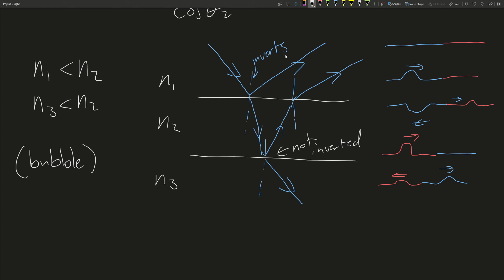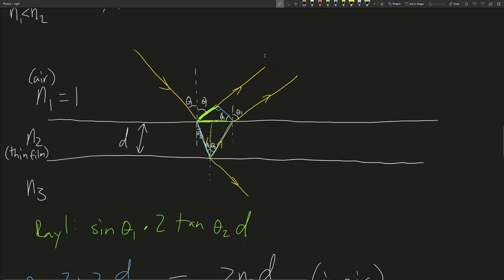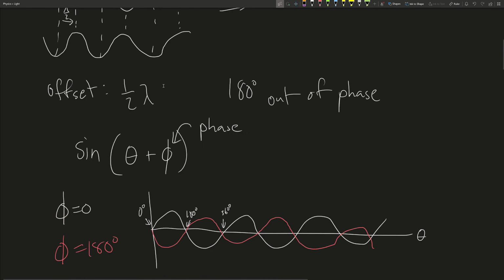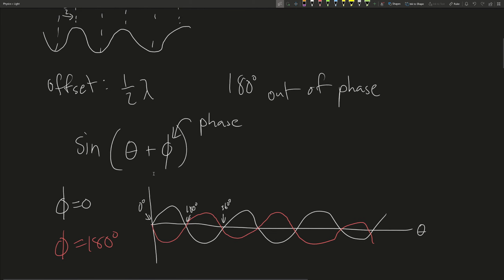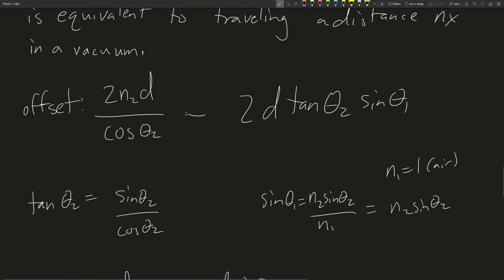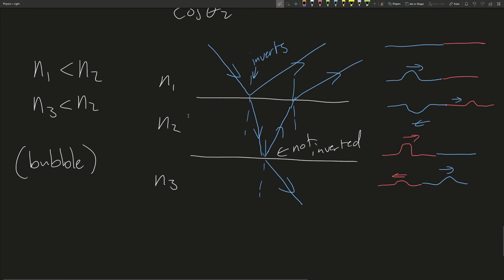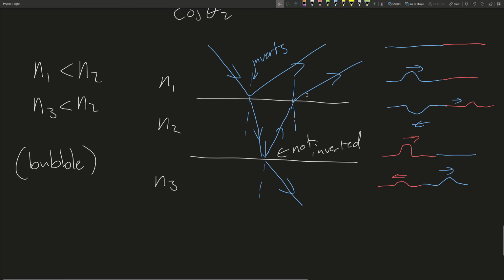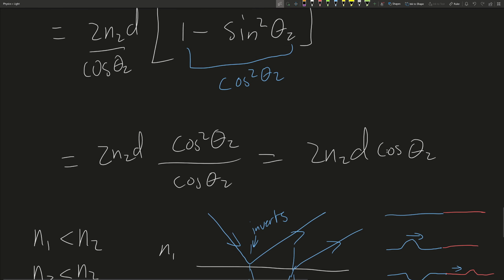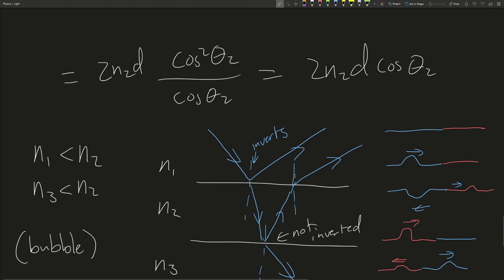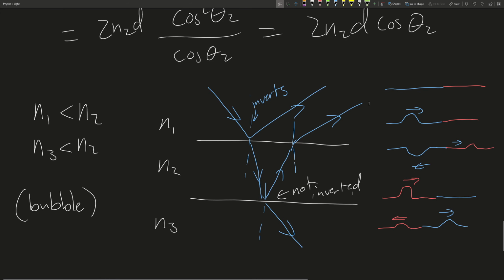Now, since it inverts once, an inversion is the same as a 180 degree phase shift. And so if there's one inversion, then there's a 180 degree phase shift, which means that if the offset is a multiple of the wavelength and it inverts, it's essentially the same as adding half a wavelength to it.